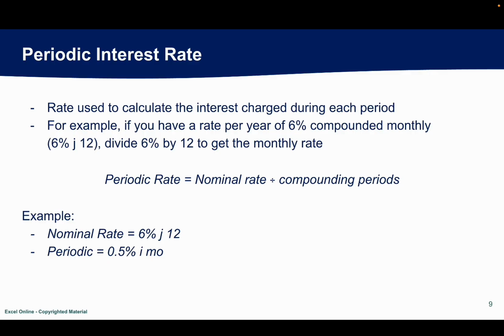For example, 6% J12 is the nominal rate. 6% divided by 12 is 0.5%. 0.5% is what the bank charges every month, and that is the periodic rate. The periodic rate also has a symbol, and it is a lowercase I.